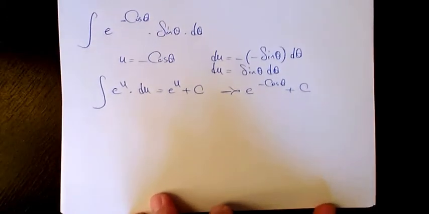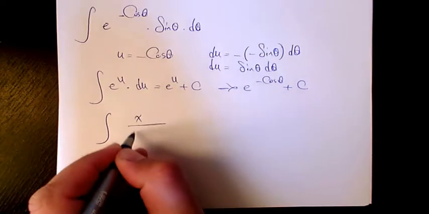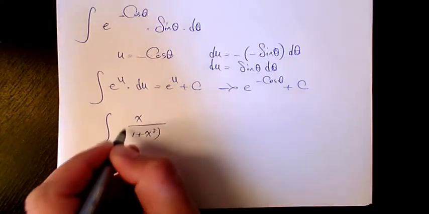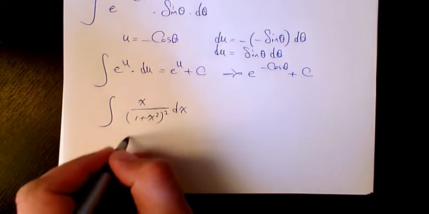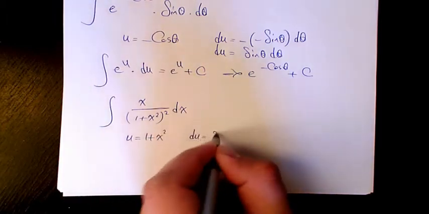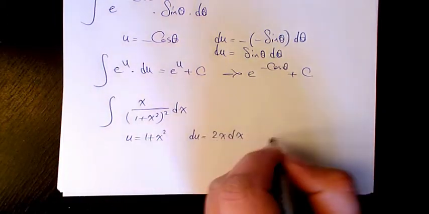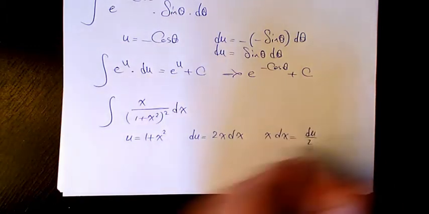Next example is x over 1 plus x squared to the power of 2 dx. u is going to be 1 plus x squared. du is going to be 2x dx. So x dx is going to be du over 2.